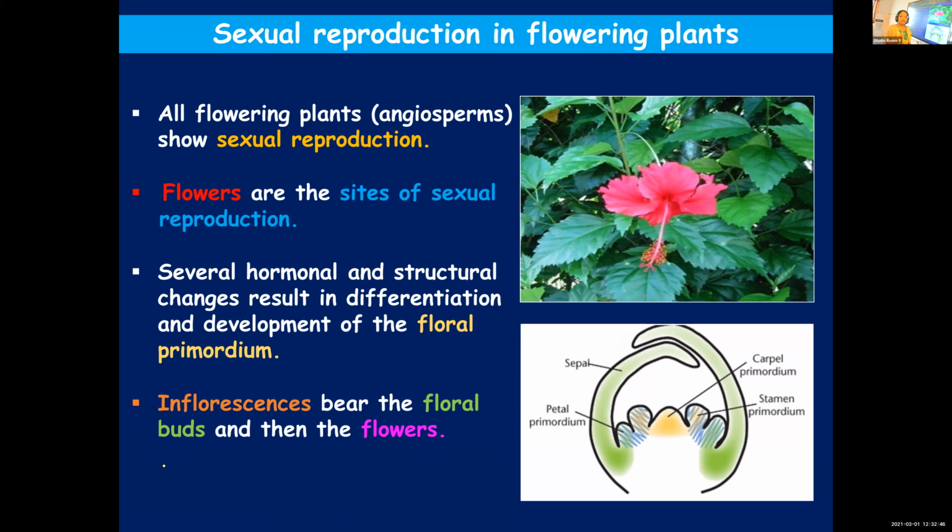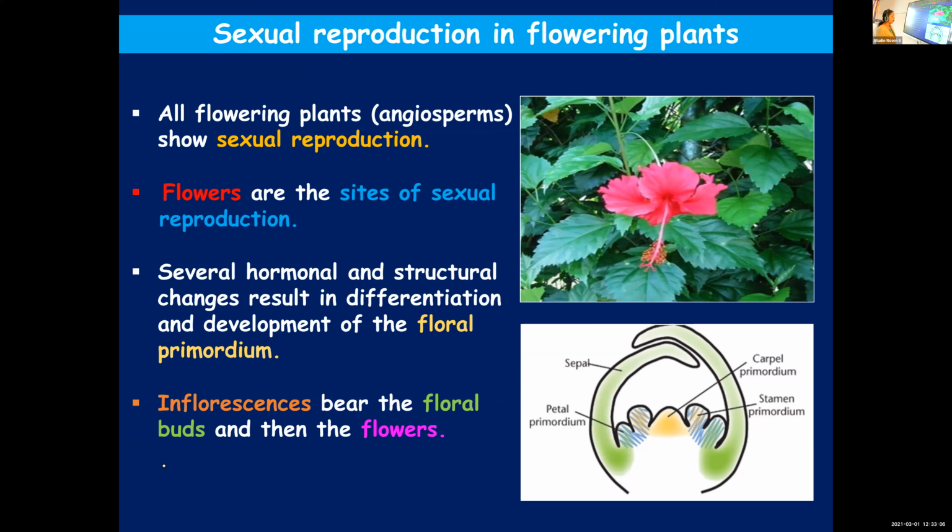And where do you see these buds or formation of floral primordium? On the inflorescences. Inflorescence means a branch of the plant where the flowers are produced. There the floral buds will be formed, which lead to the development of flowers.